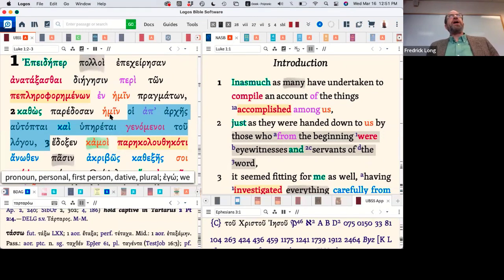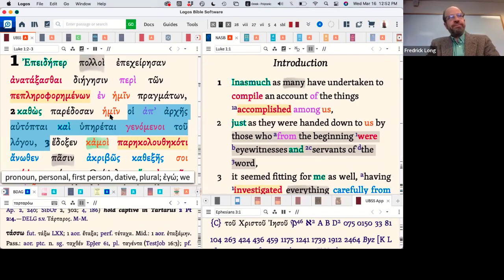So here, Luke is betraying his sources. And there are two sources, eyewitnesses and servants of the word. Technical terms, particularly if you look at Acts, the servants of the word would be Paul. He would be a servant of the word. So you have double historical witnesses: eyewitnesses, and then those who served the word after the eyewitnesses.